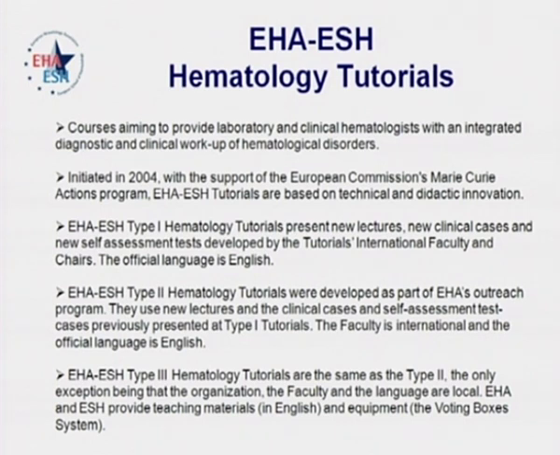We started with what we now call type 1 tutorials. That means a course with original material. After tutorials became popular, they asked to get tutorials in other countries, and we thought about type 2 and type 3 tutorials.